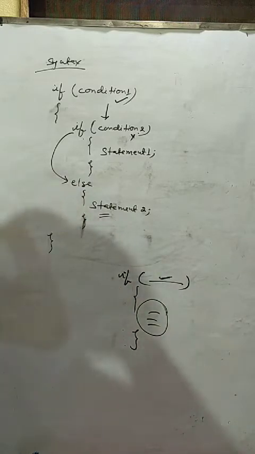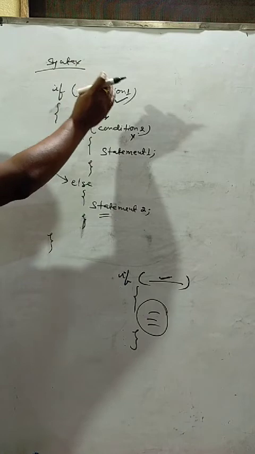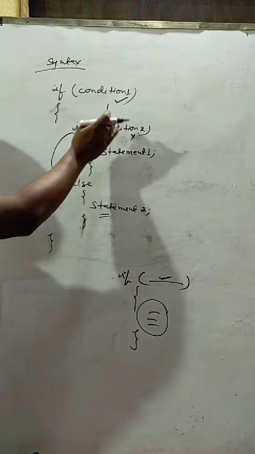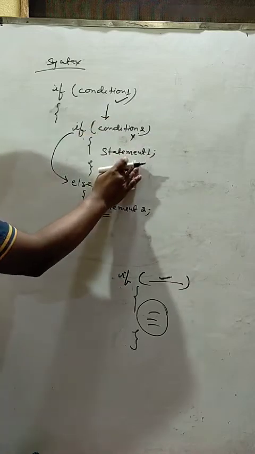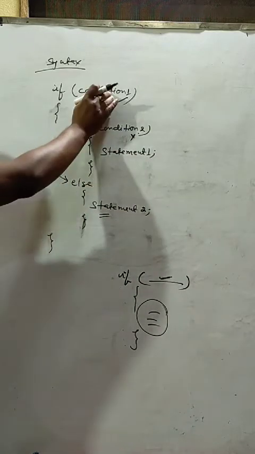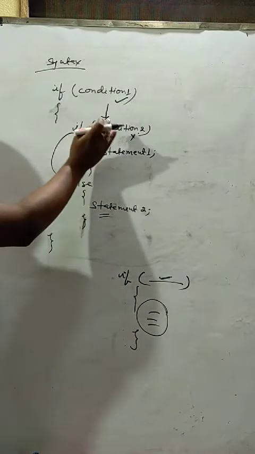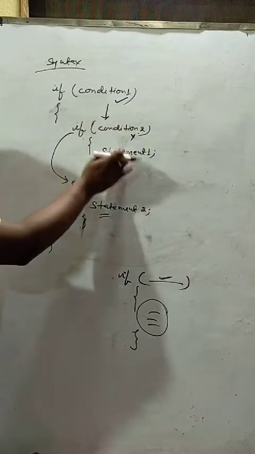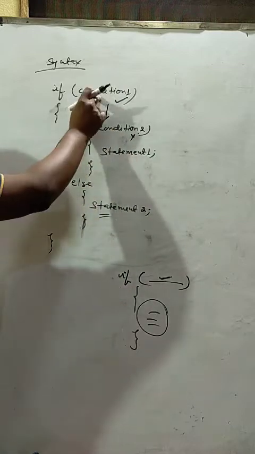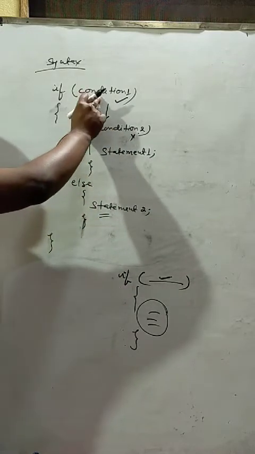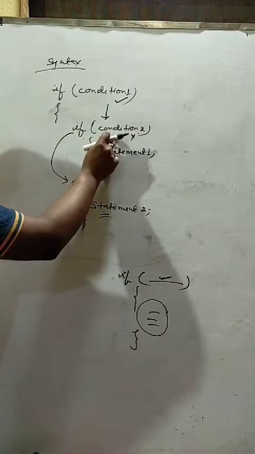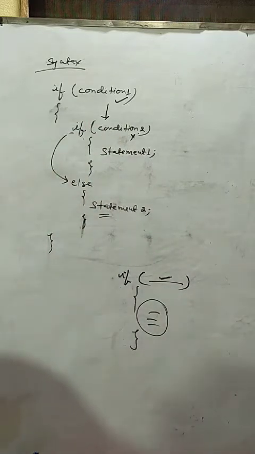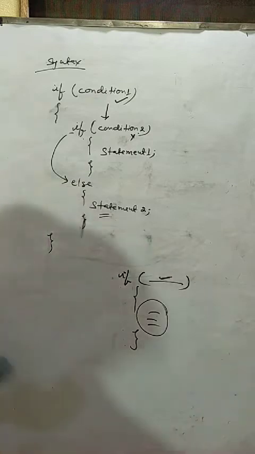See the summary. If condition 1 is true, condition 2 will be checked. If condition 2 is true, statement 1 will be executed. If condition 1 is true and condition 2 is false, then the statement of else will be executed.